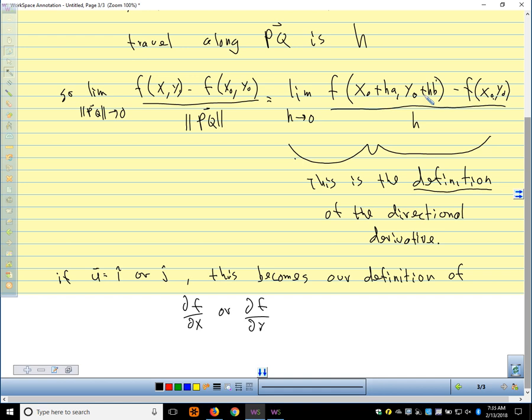How fast is our function changing as we move h units in the direction of u, our unit vector. Well, we can apply the chain rule here. So we can look at the partial of f with respect to h.